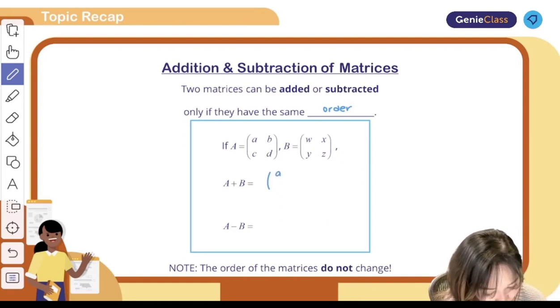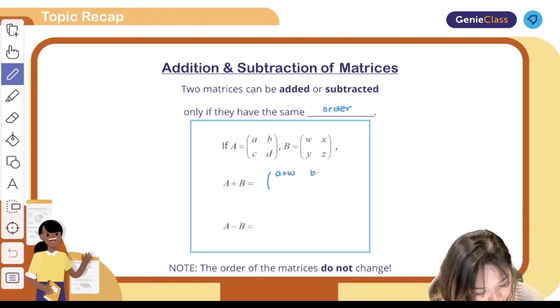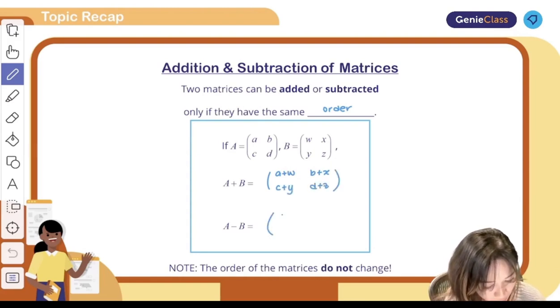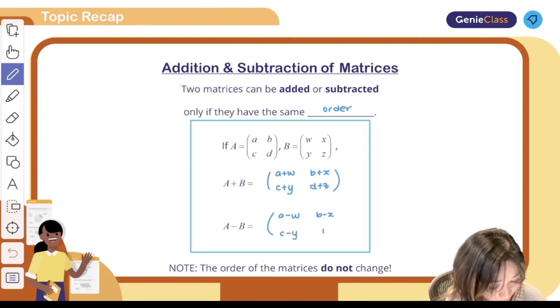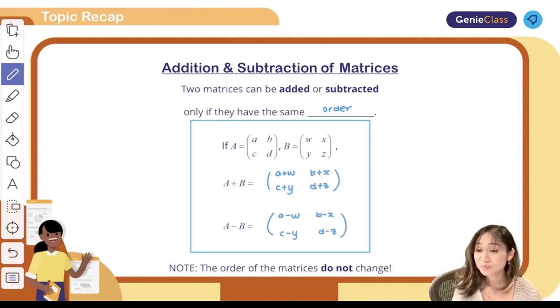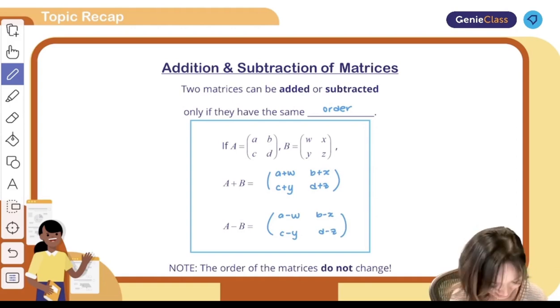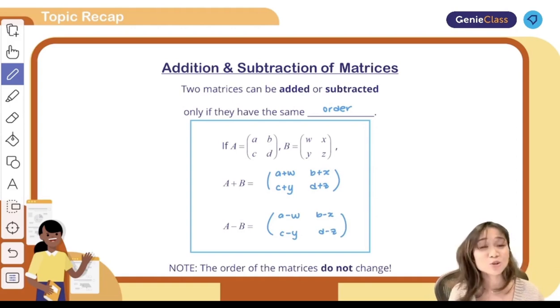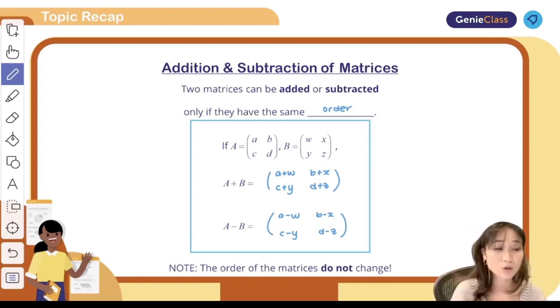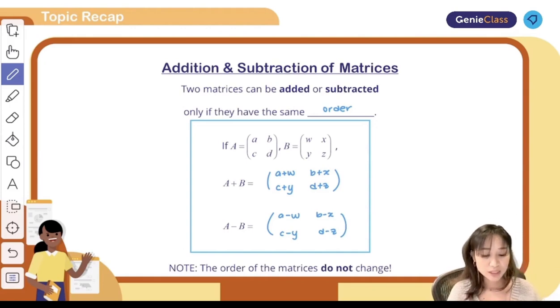So for matrix A plus matrix B, we get A plus W, B plus X, C plus Y, and D plus Z. Same for subtraction, except that we subtract instead of adding: B minus X, C minus Y, D minus Z. Note that for addition and subtraction, the order of the matrices does not change.